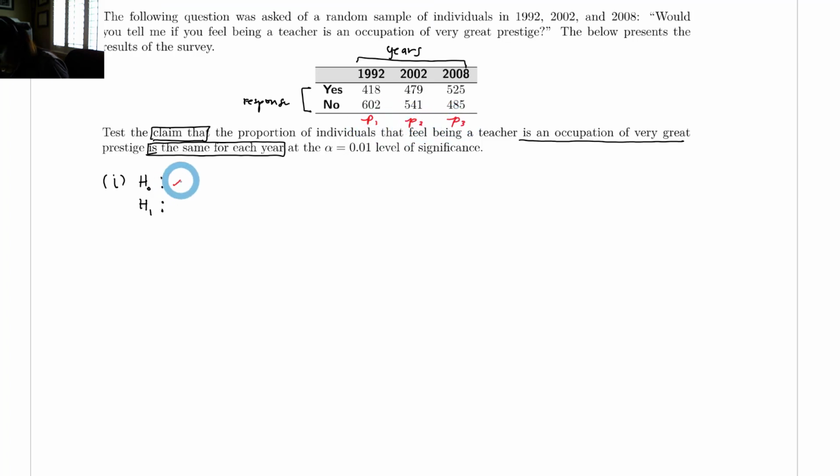Remember, the null is the status quo, so that means the proportion wasn't different from year to year. The alternative would mean that at least one of the proportions is different.